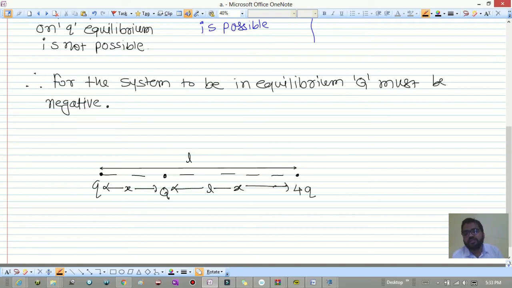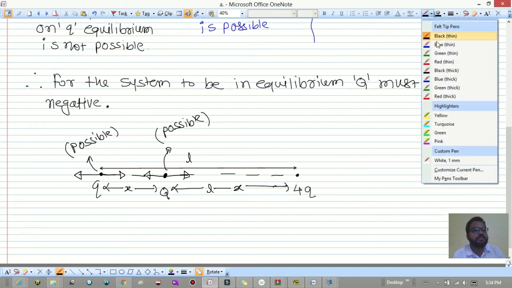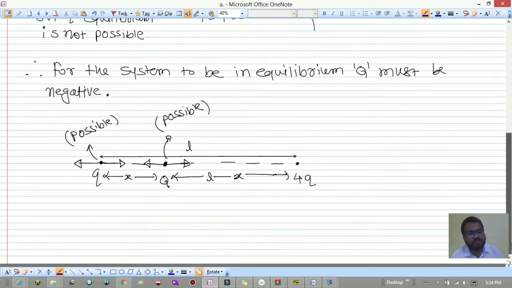On small q, due to the negative charge there is an attraction, and due to 4q there is a repulsion, so equilibrium is possible. On 4q, due to small q there will be an attraction, and due to capital Q there will be an attraction. So here also it is possible. That indicates this charge must be a negative charge.